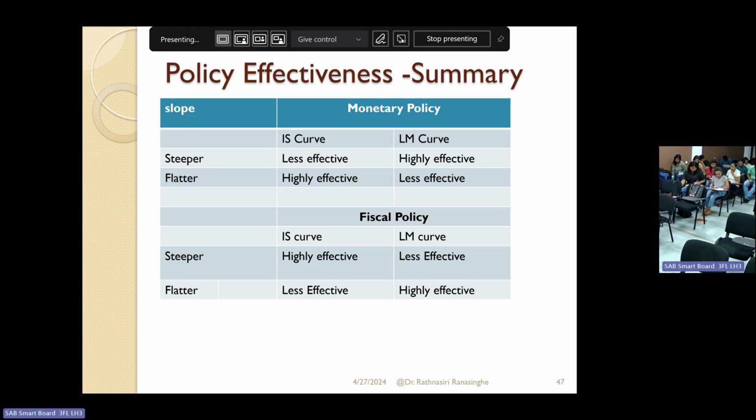You can draw it yourself and see how the shape is. With fiscal policy, the IS curve shifts to the right, giving a new equilibrium, E1.